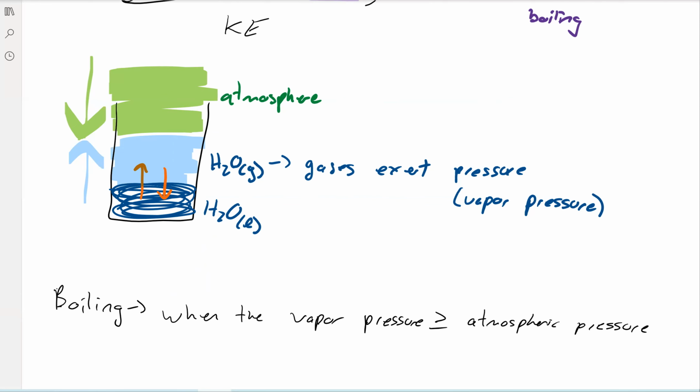We get boiling when the vapor pressure beats out the atmospheric pressure. And so what does temperature have to do with it? Well, temperature controls how much vapor pressure we have. As we heat, we make more gas molecules and increase vapor pressure.